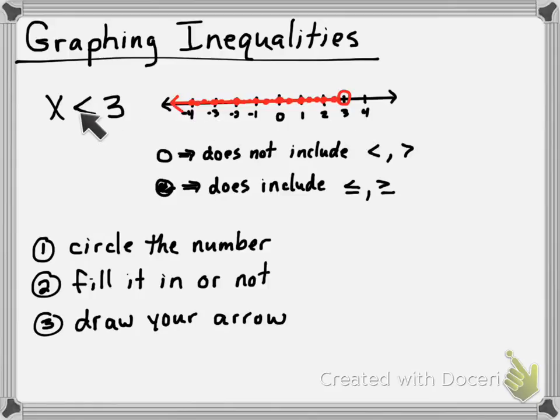The other way to do it is just think about, this says x is less than 3. Well, where are the numbers that are less than on the graph? To the left. So less than goes to the left, if you're looking at it from the perspective of the variable. So you can find a solution, or you can look at, are my numbers bigger than 3 or are they smaller than 3? And draw your arrow from there.